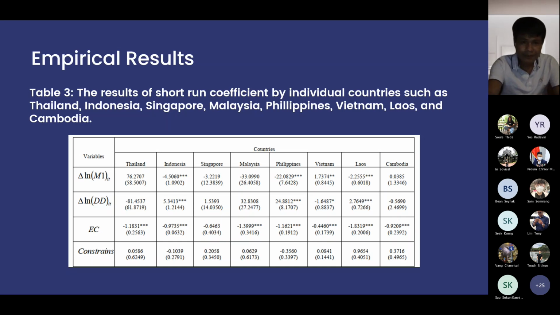For Vietnam, money supply was positively related to GDP growth, but the demand deposit is negative, which is different from the other 3. Therefore, this study can explain that an increase in money supply may not impact short-run economic growth, just like Indonesia, Philippines, and Laos. Moving on to the next table, please.